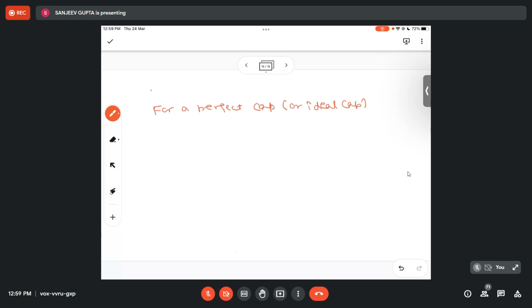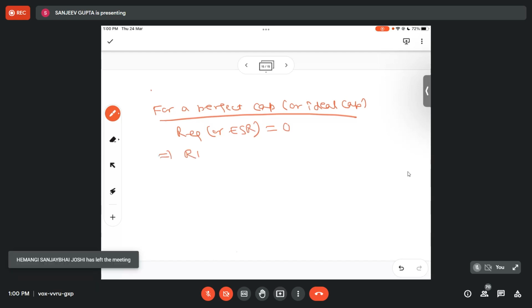For a perfect, ideal capacitor, my R equivalent or ESR, because R is a parasitic for a capacitor, should be equal to 0, which means your power factor, which we defined as R equivalent over XC, must be equal to 0.